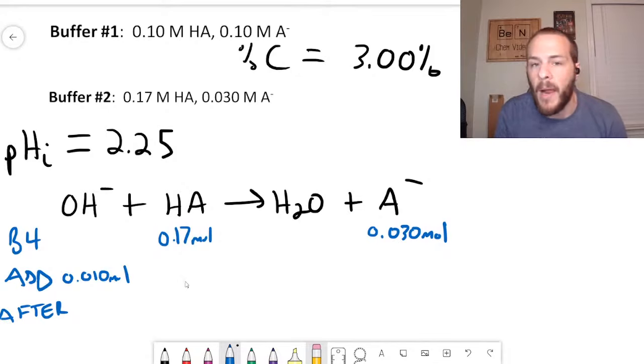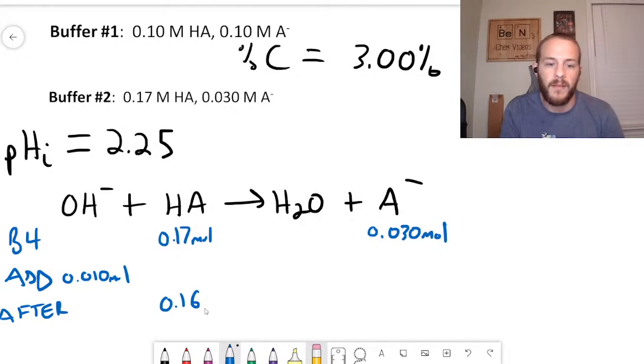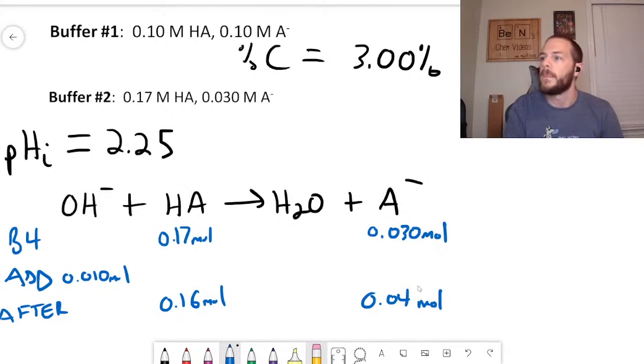That means that the amount of our weak acid is going to decrease by 0.010 moles. So that's going to result in 0.16 moles of our weak acid after the addition of sodium hydroxide. Simultaneously, the amount of our base is going to increase by 0.01 moles. So that's going to be 0.04 moles. That is the amount of our base in this new set of conditions here, right?